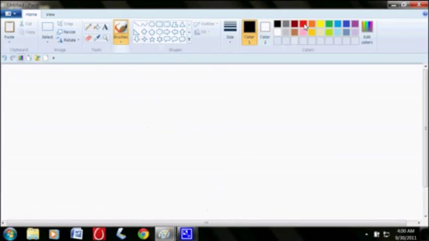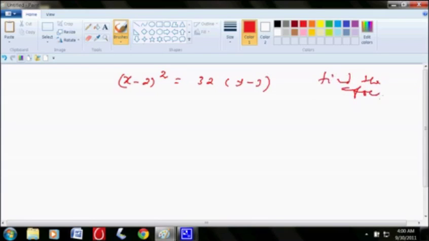What I'm meaning by that is, if I give you a question like (x minus 2) whole squared is 32 into (y minus 3), find the focus. So this is something like x squared is 32y, so it's a parabola that opens upward.